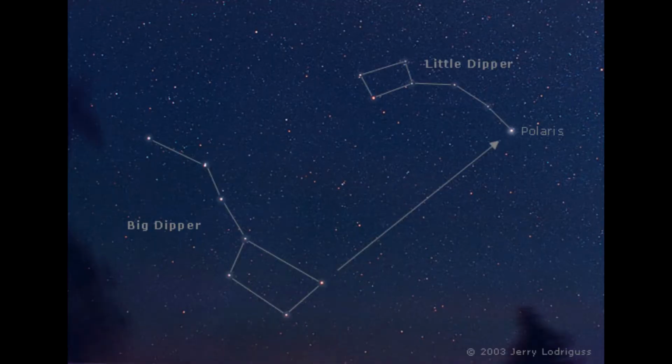Usually it's just the Big Dipper, the Little Dipper once in a while, and locating where Polaris would be. Here's a picture that shows that. And so you can see you just line up those two stars, and that will point to where the North Star is, and that's how you can find your way north if you're ever lost at night out to sea in a ship or something like that.